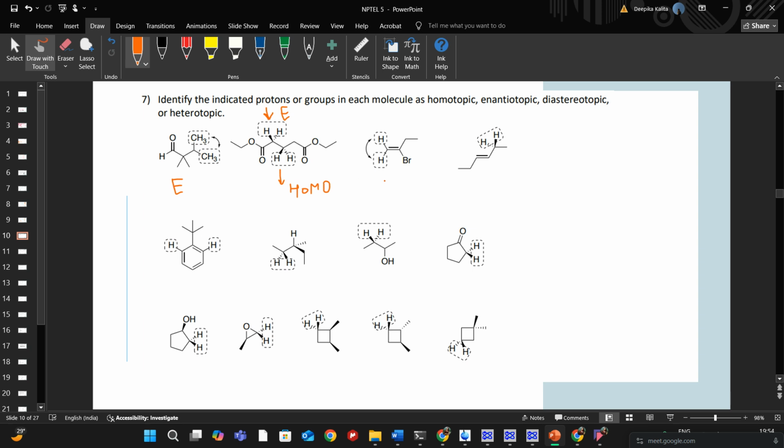Now we are moving to the third molecule. In the third molecule, we can see that it is a planar molecule, but this proton is present in the same phase of this bromo substituent, whereas this proton is present in the same phase of this ethyl substituent.